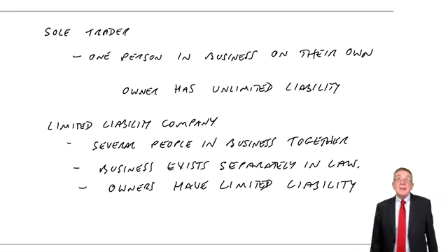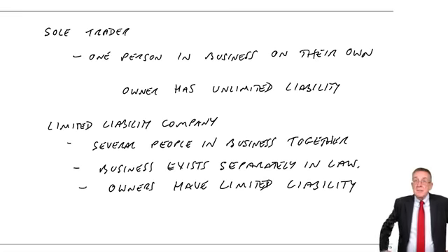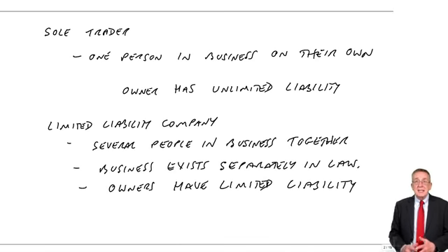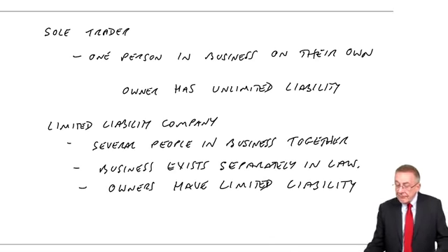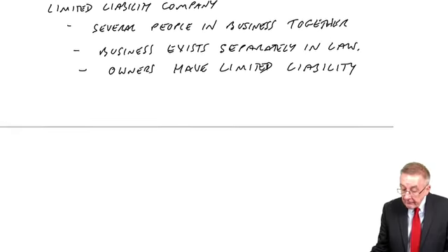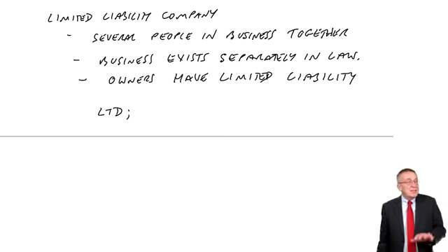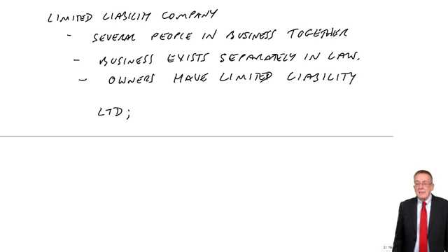And because of that, there are lots of laws relating to limited companies. But this isn't a law exam. I'm not really interested in the detailed law. In the UK, a limited company, we either put the letters LTD after the company's name if it's a small business.